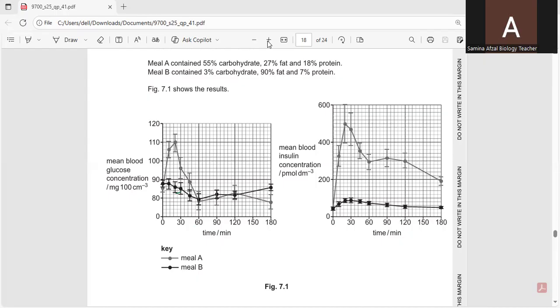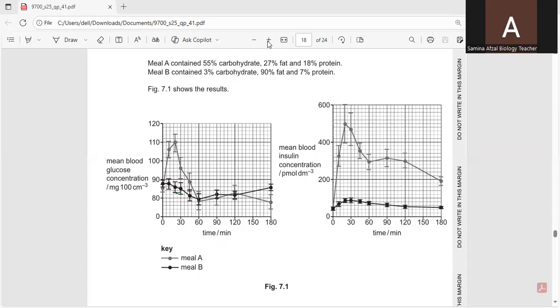So here what happened is that fat slows absorption. There was very high fat content in this, which slows down gastric emptying. So the small amount of carbohydrates present is absorbed much more slowly, preventing a quick spike. So the blood glucose level remains relatively low and stable, fluctuating narrowly between 80 and 85 after the initial drop.